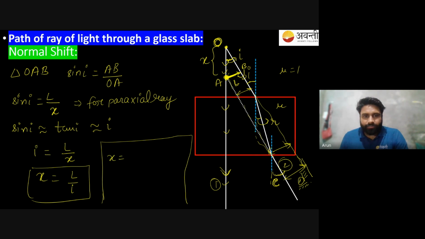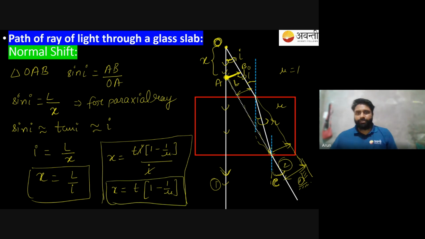The value is T I into 1 minus 1 upon mu, divided by I. I and I cancel out. So the normal shift X is equal to the thickness of the slab times 1 minus 1 upon mu.